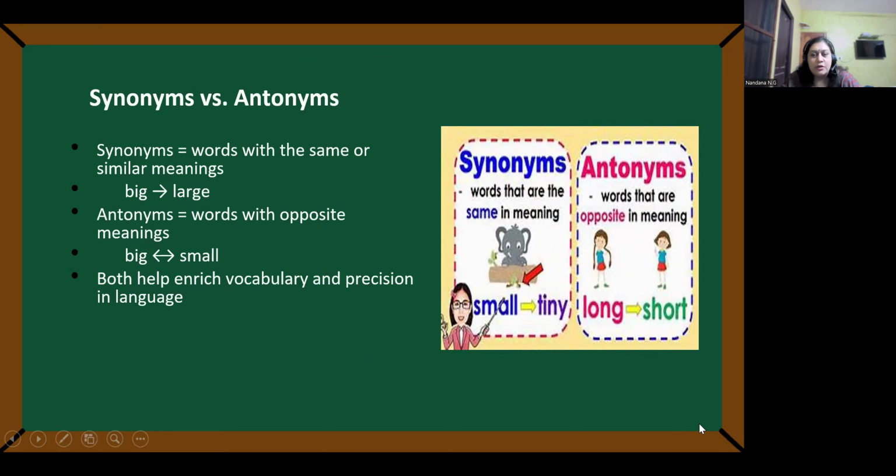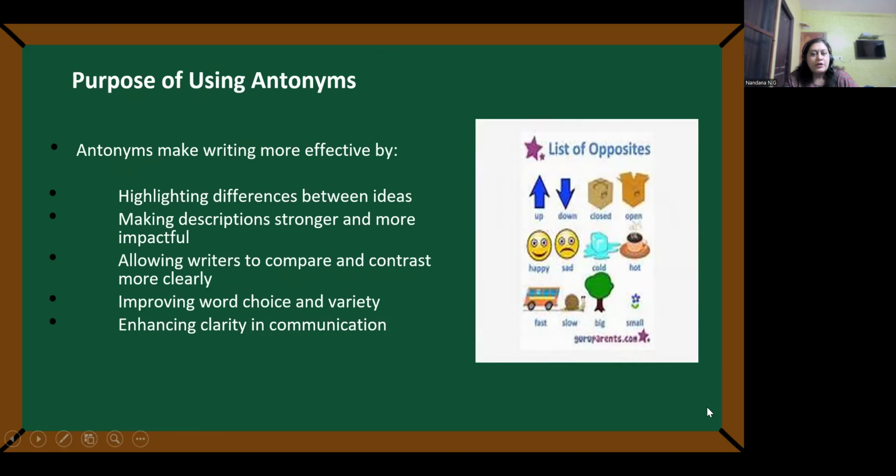Synonyms versus antonyms. Please do not confuse this. Synonyms are words with the same or similar meanings. Big means large. Antonyms are words with opposite meanings. Big antonym would be small. Both help enrich vocabulary and precision in language. Purpose of using antonyms.